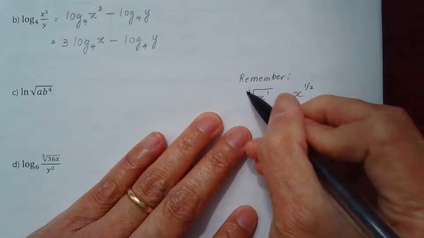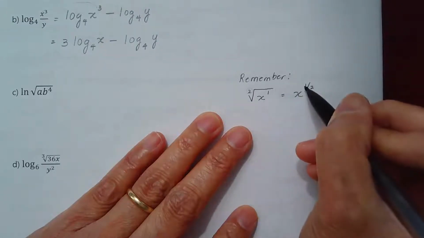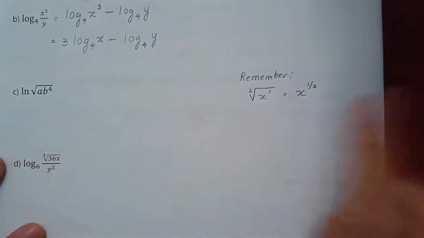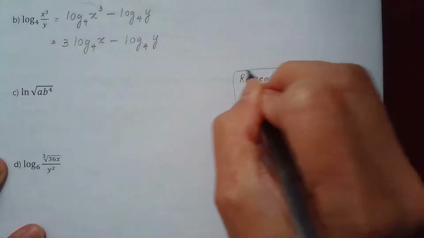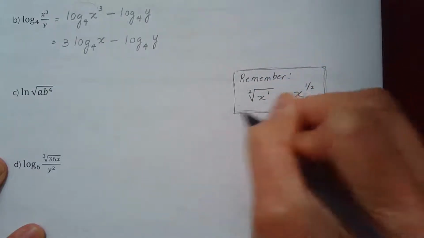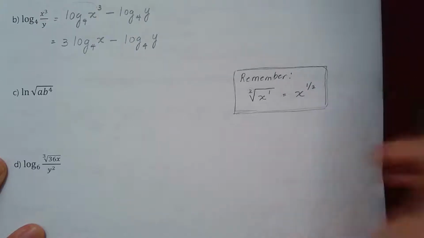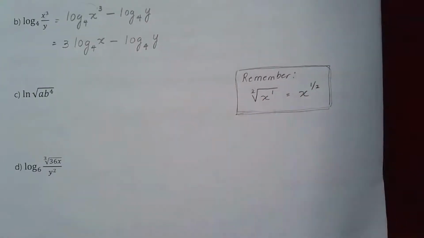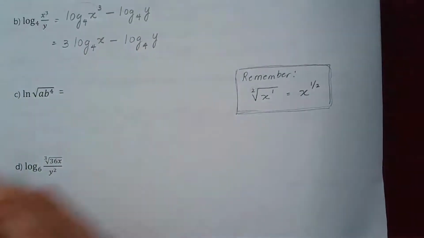The 2 would be the denominator of the exponent, and the 1 would be the numerator of the exponent for the base. If you don't remember these ones, this is using a rational exponent, changing the rational exponent to a radical. Okay, so going back to this one, what do we know?